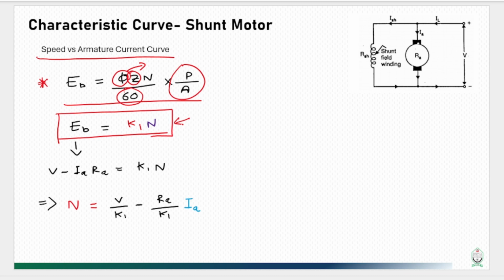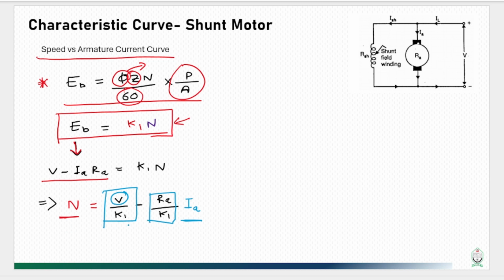Again, we know that back EMF can be written as V minus Ia Ra. Here, there are no other resistances involved. So if we equate our equation for speed of the motor and for armature current, we get something like this, and V is a constant here. So this whole thing is a constant, and this part is a constant quantity also.